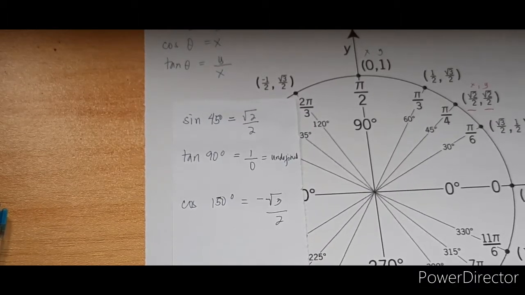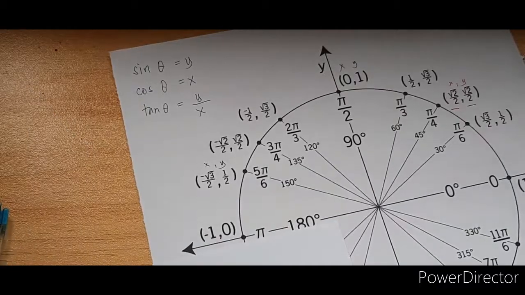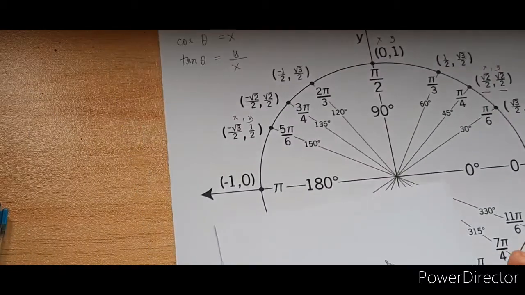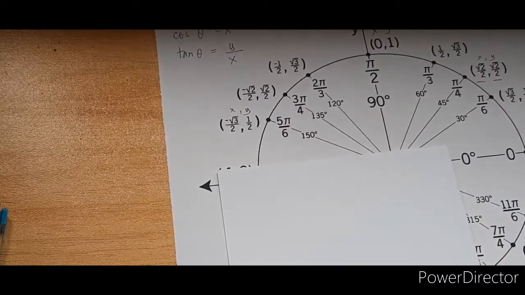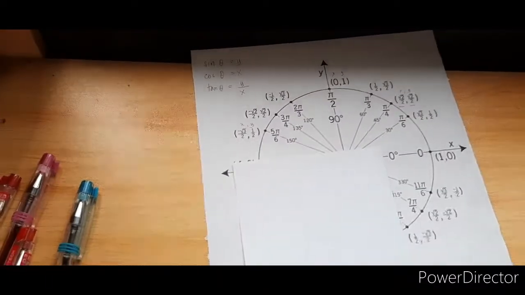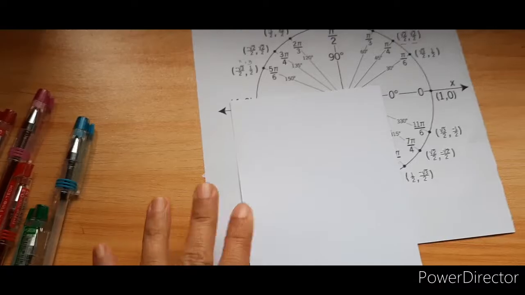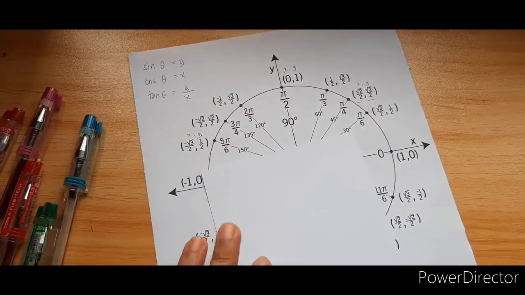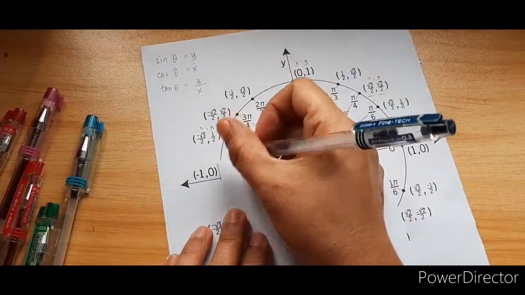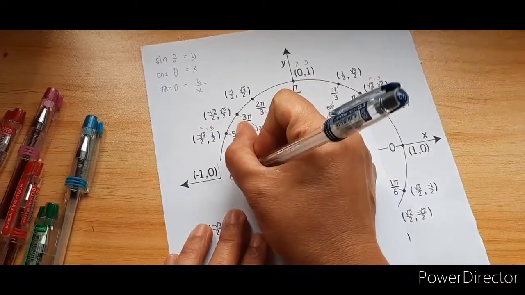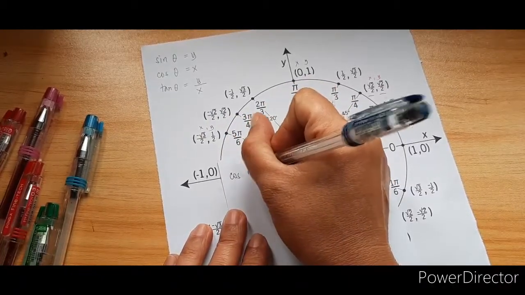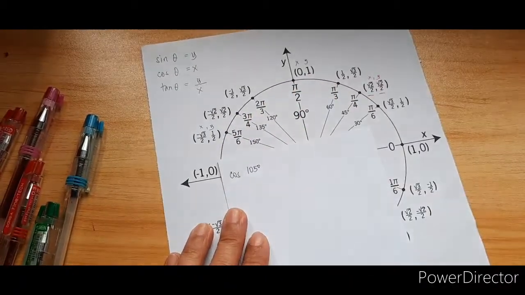Okay? But what if we are tasked to find the value or the ratio of cosine 105 degrees?